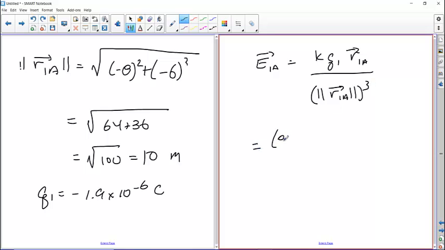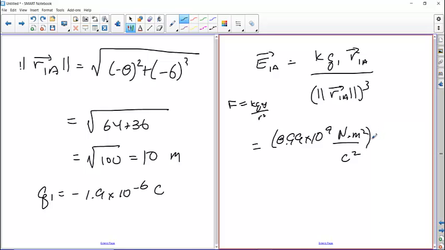So we have 8.99 times 10 to the 9th. And those units, if you remember, I'm thinking back here, is Coulomb's law, K, Q over R squared. So it's going to be Newton meter squared per Coulomb squared.